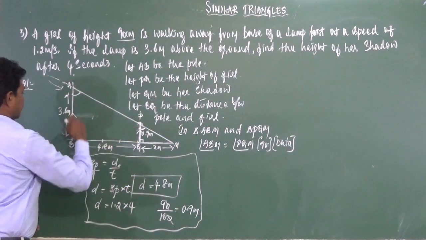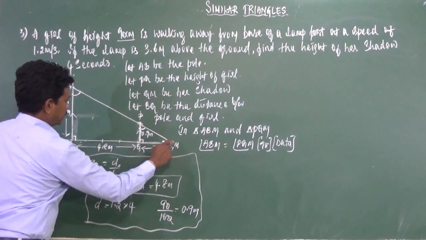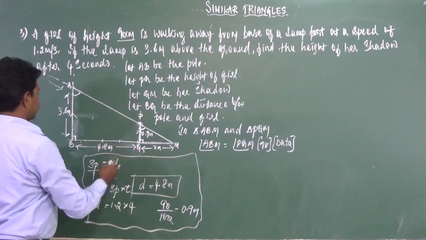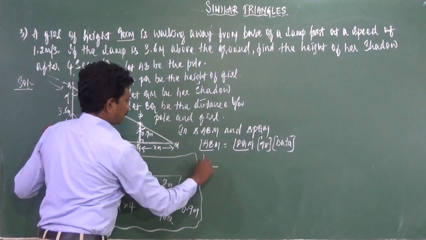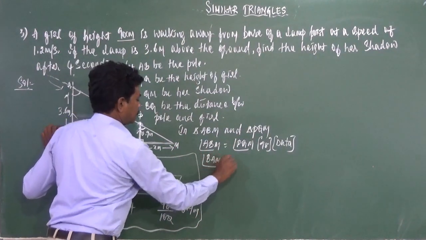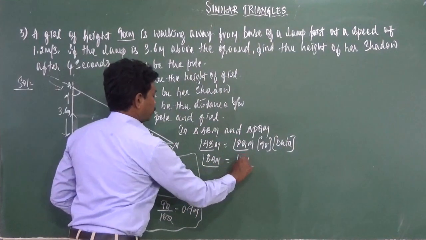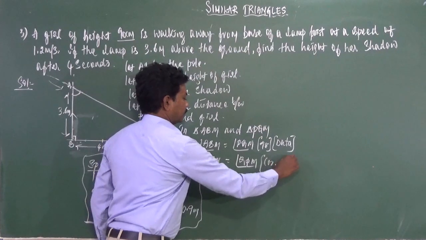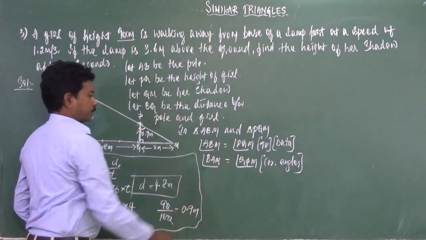That is angle BAM and angle QPM are corresponding angles. You can do it in this other manner also. So angle BAM is equal to angle QPM. So in both the triangles, two pairs of corresponding angles are equal.